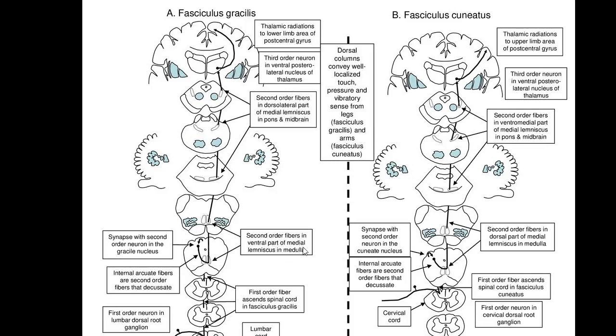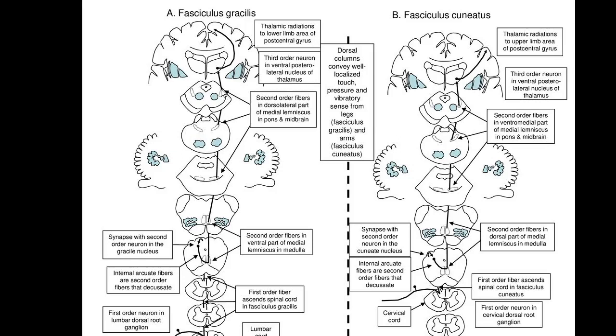So the medial lemniscus has got the second order neurons. They ascend up to the pons through the midbrain to reach the thalamus. That is the ventral posterolateral nucleus of thalamus.